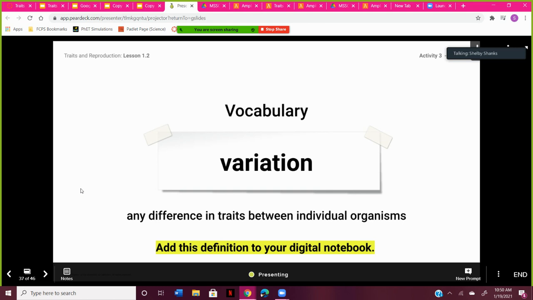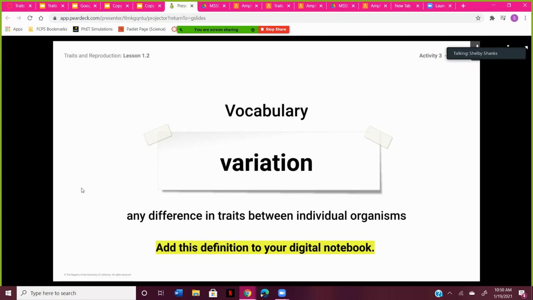Variation. I'm sure you guys may have heard this in maybe your math class or other classes, but mostly in your math class. A variation is any difference in traits between individual organisms.